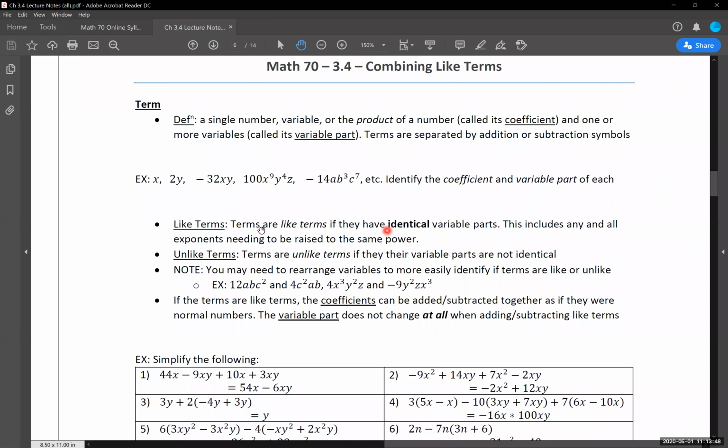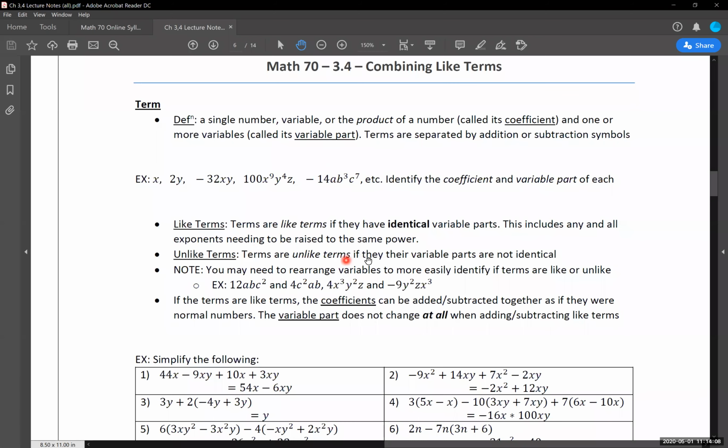To have like terms, the variable parts need to be identical. That means every single variable is the exact same and every single exponent is the exact same. If there is any difference whatsoever in any part of the variable part of these terms, they're not like terms.